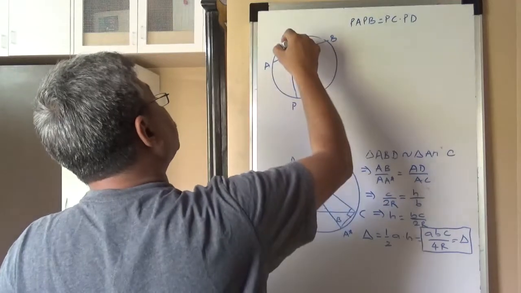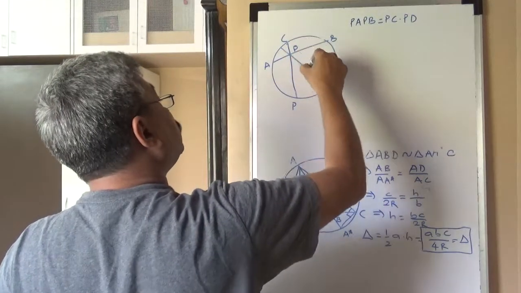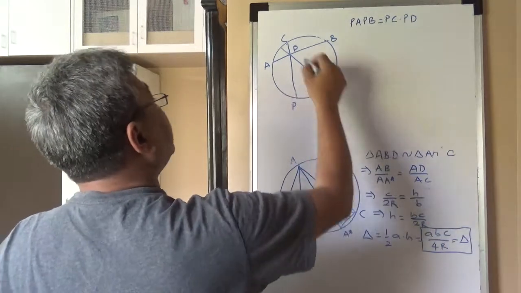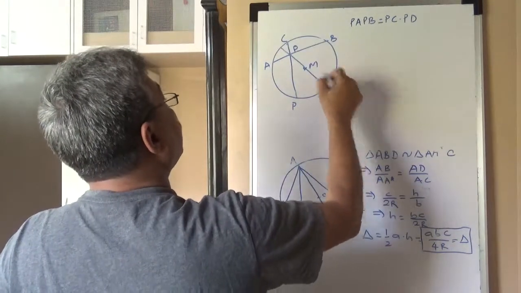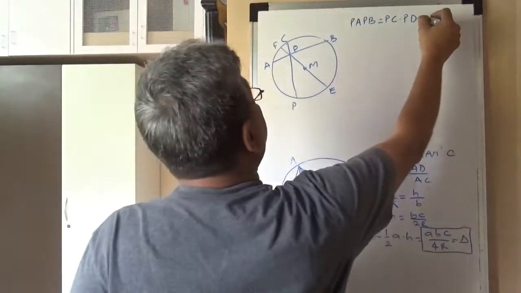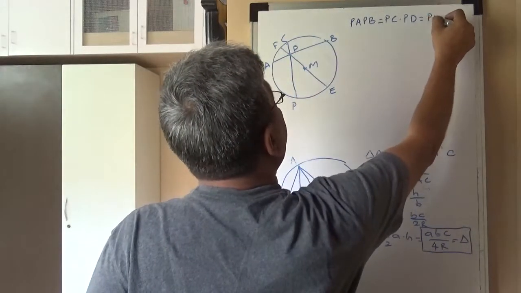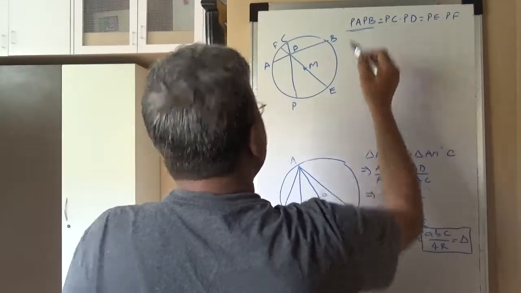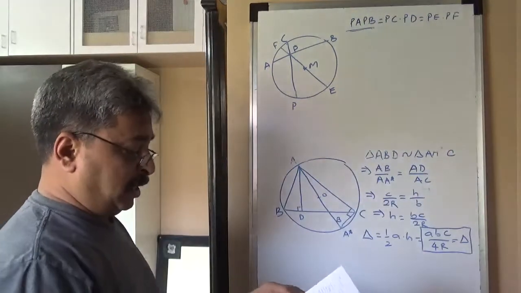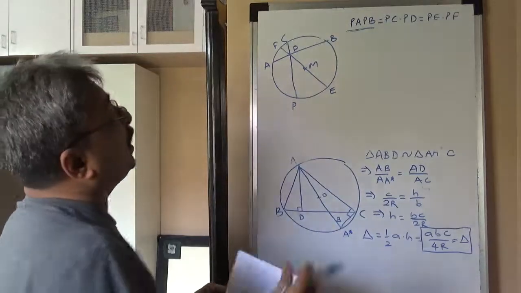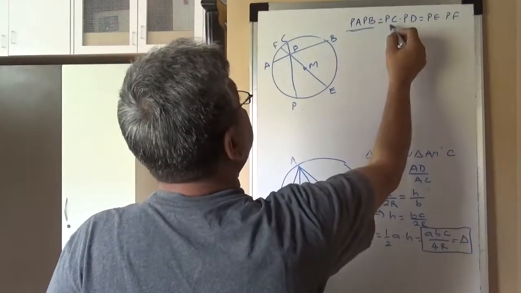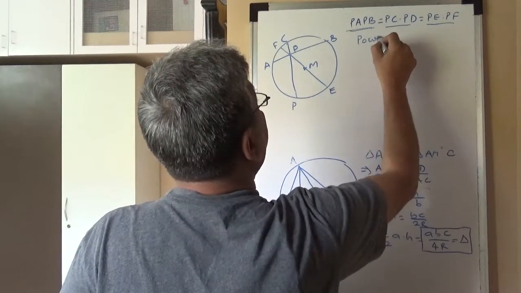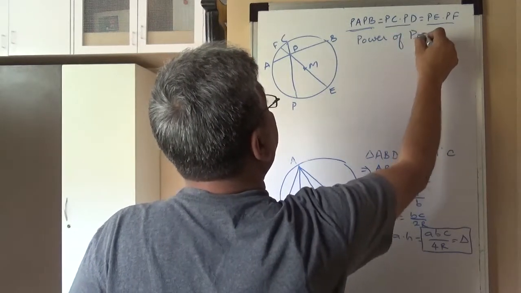Now, if we draw a special chord passing through the center, suppose the center is M, and then this is E and F, then this is also equal to PE into PF, right? Now, this quantity is normally called the power of a point. PA into PB, PC into PD, all these three are equal and it is called the power of a point.